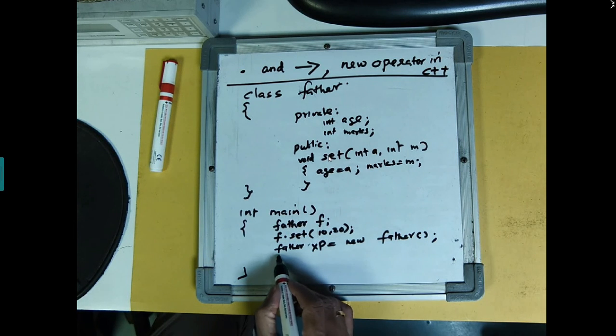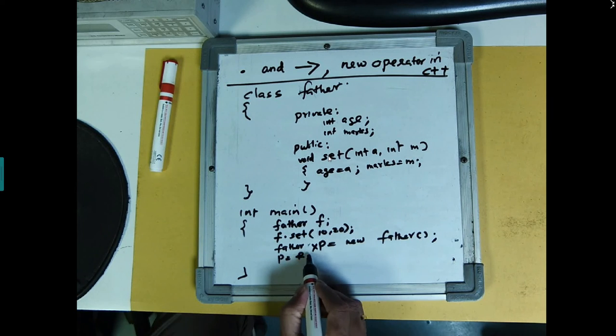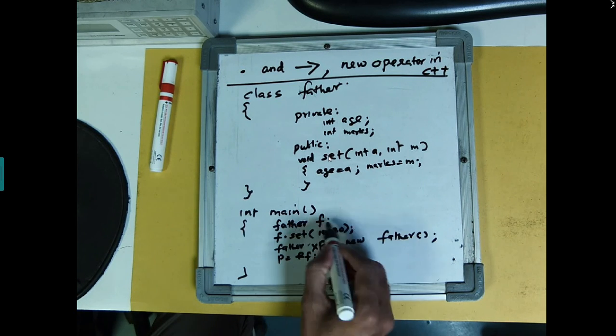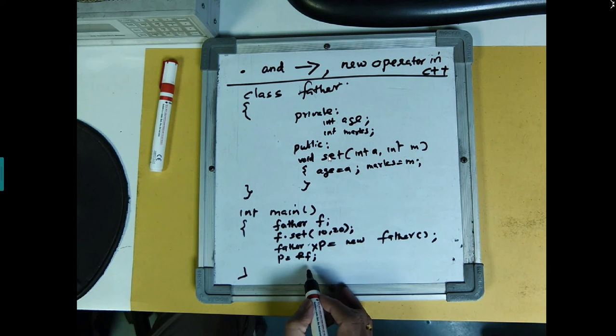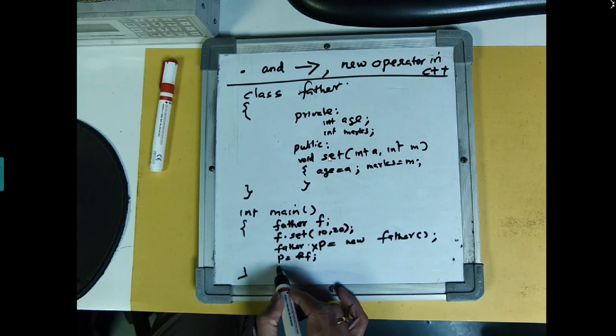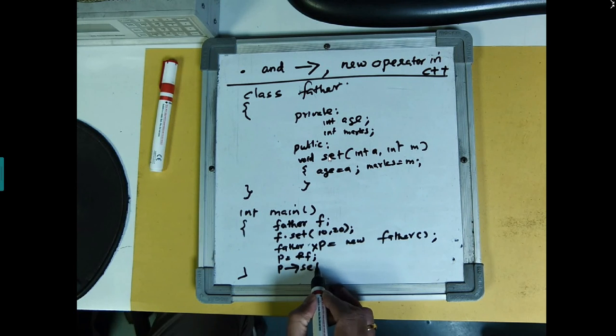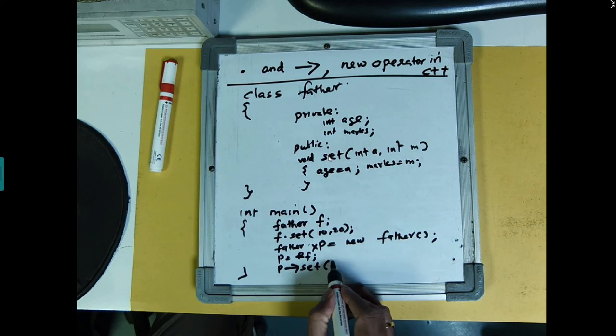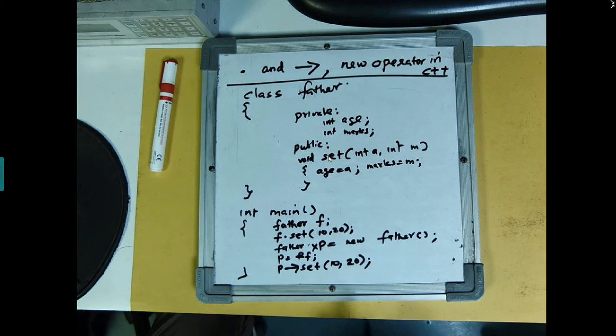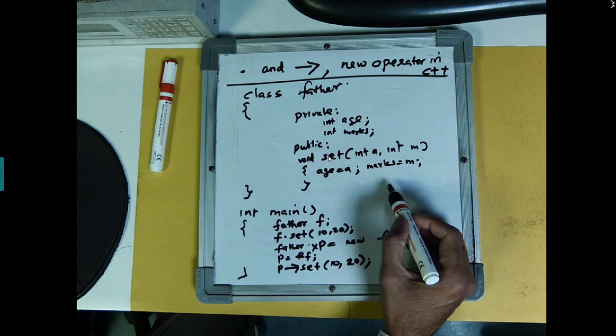Now p can be initialized as f, so that both objects are now the same. In order to do the same function, we have to use the arrow mark: p arrow set 10 20. So this is the way you access through the pointer. The new is the operator which is used to create a pointer.